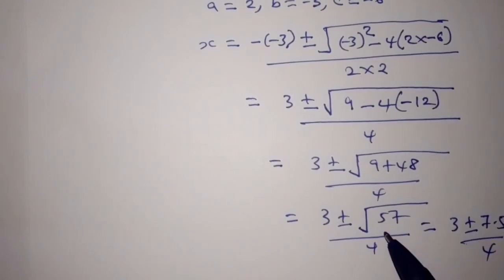The square root of 57 using our calculator is giving us 7.55 to 2 decimal places.